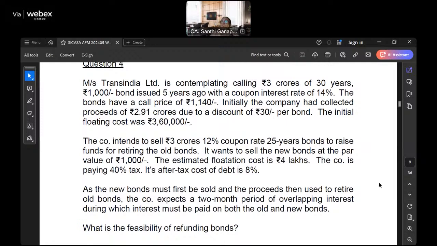Is it possible to have a bond with both a call and a put option? These bonds are called embedded bonds because the call or the put option is embedded in the bond at the time of issue itself. You can't do it later. It has to be at the time of issue itself.